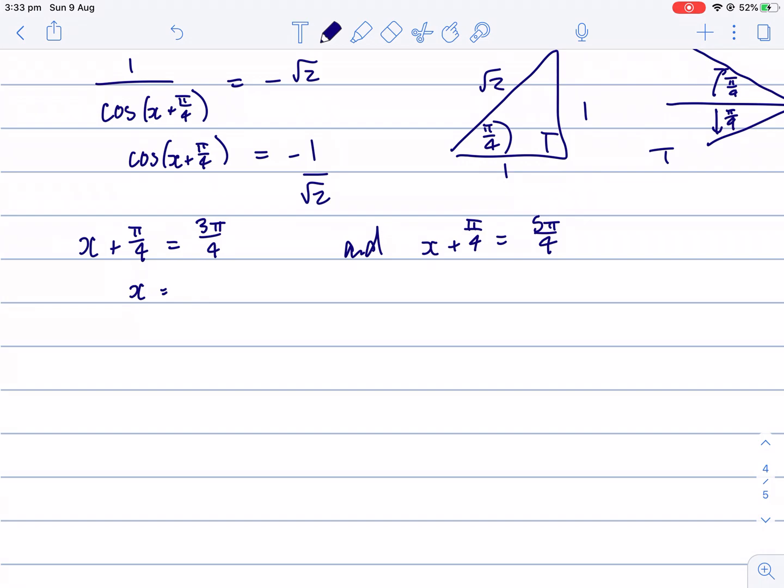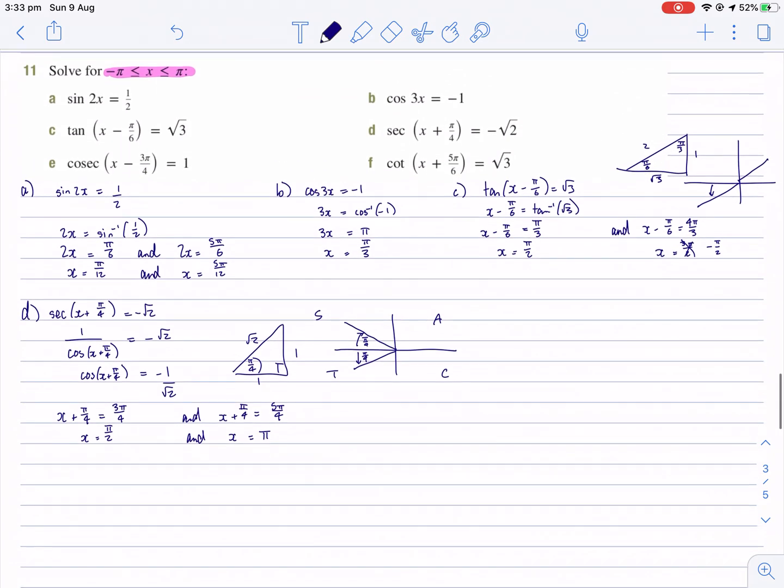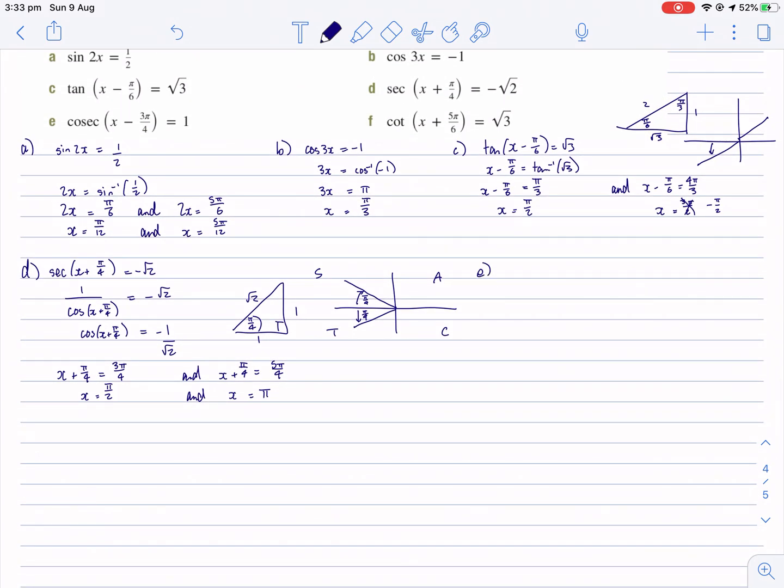So 3/4 take 1/4 is half. 5 pi on 4 take pi on 4 is just going to be pi. So 5/4 take 1/4 is just 1. Cool, we're still within our domain. Question E. Let me shrink this so I have a chance of fitting E in.